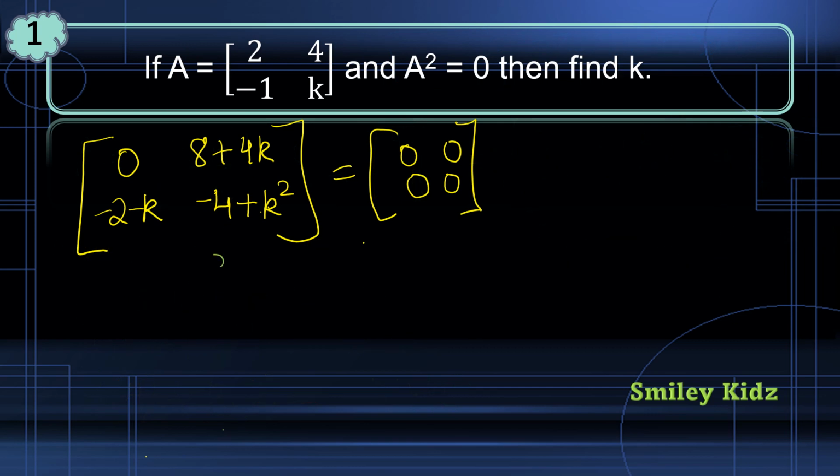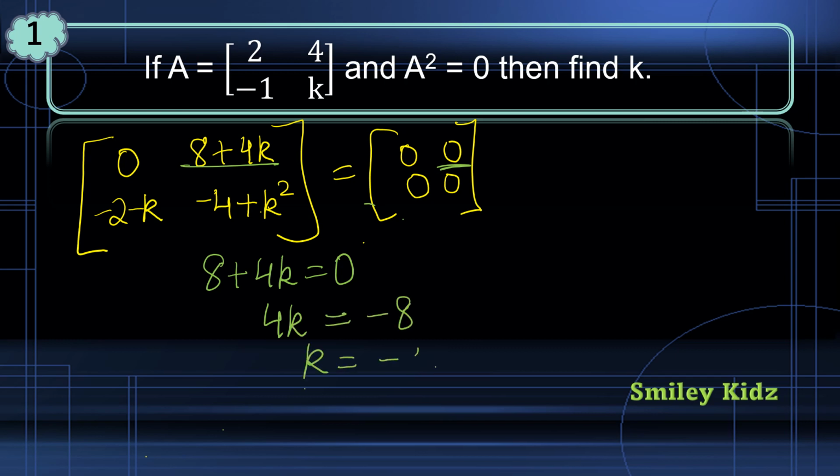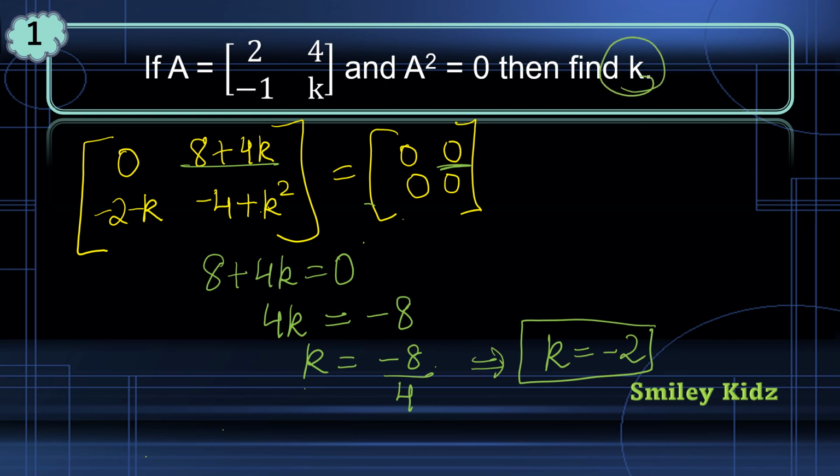So 8 plus 4k will be equal to 0. Alright, the corresponding elements are equal. So here 4k will be equal to minus 8. k will be equal to minus 8 by 4. And by this we get the value of k to be minus 2. So what is the value of k over here? It is minus 2.